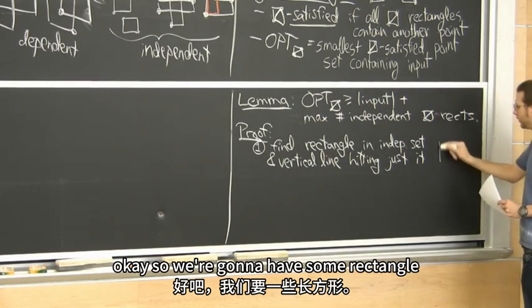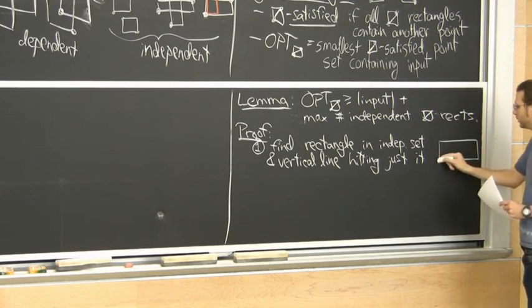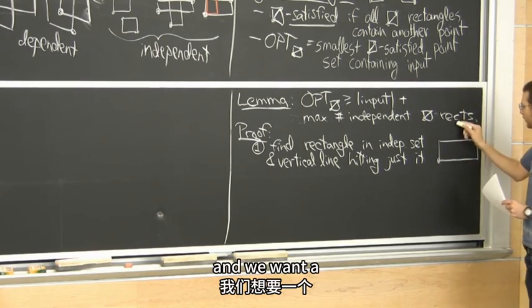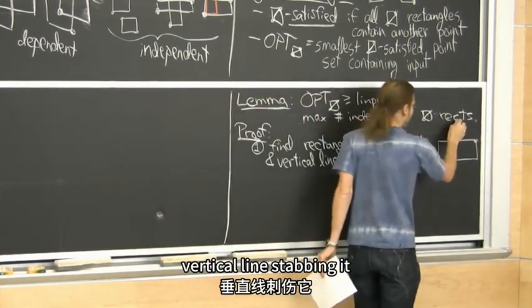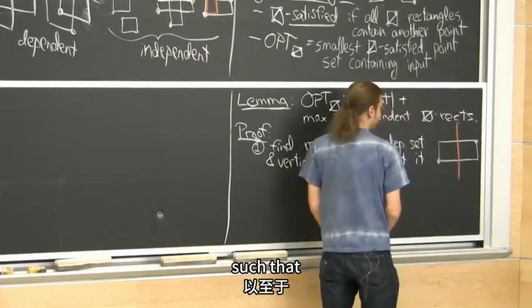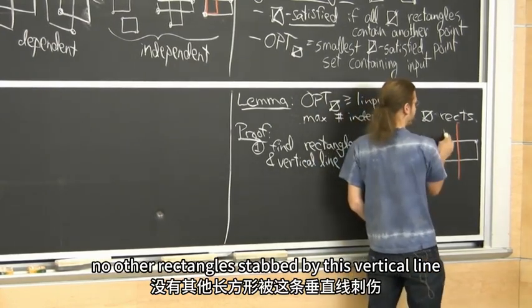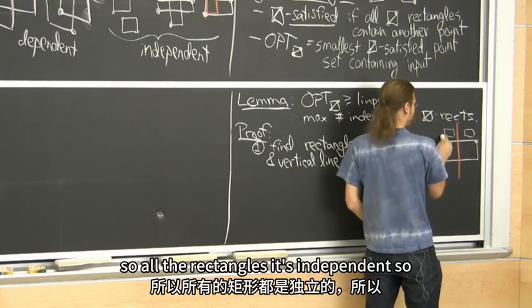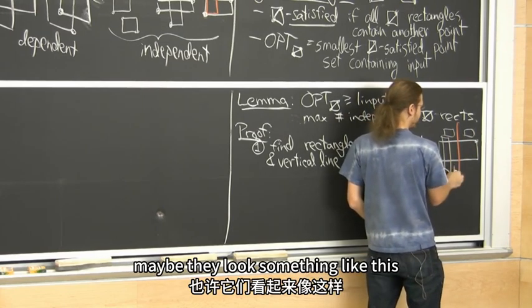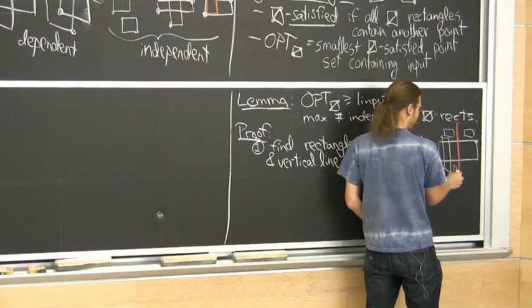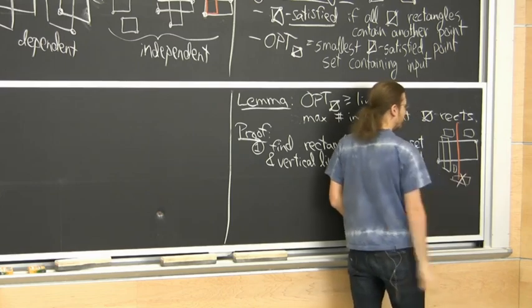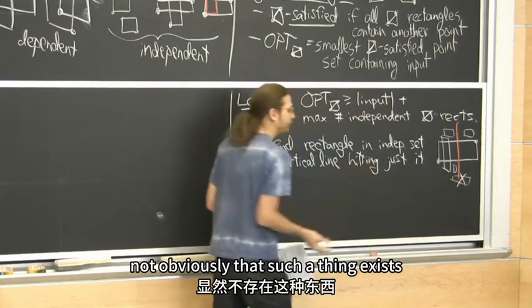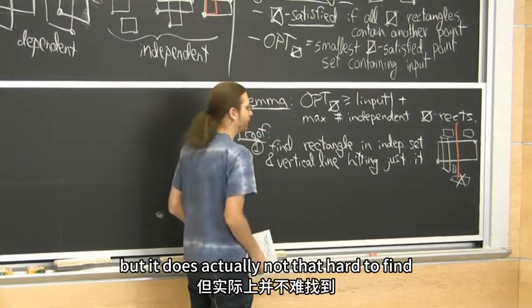Okay, so we're going to have some rectangle in the independent set, and we want a vertical line stabbing it such that no other rectangle is stabbed by this vertical line. So all other rectangles, it's independent, so maybe they look something like this. Nothing like this. Not obvious that such a thing exists, but it does. Actually not that hard to find.